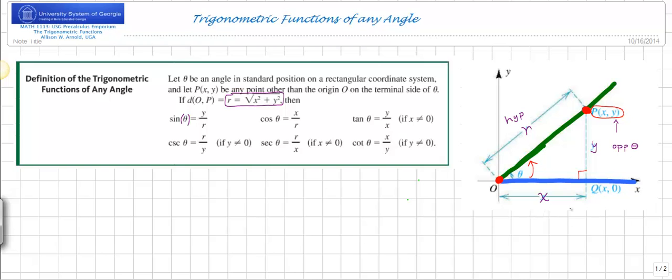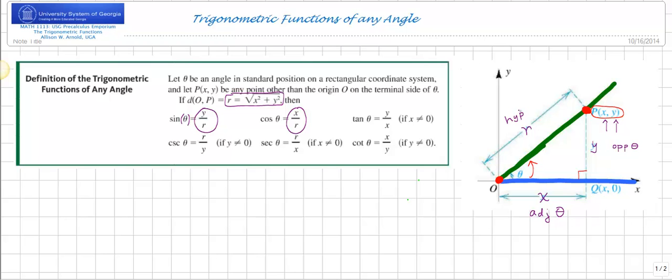Cosine will be defined as the x coordinate over r, and that is still consistent in this right triangle world with the side adjacent theta divided by the hypotenuse. But what changes is if the angle is bigger than 90 degrees, the position of the point x comma y will become very important.